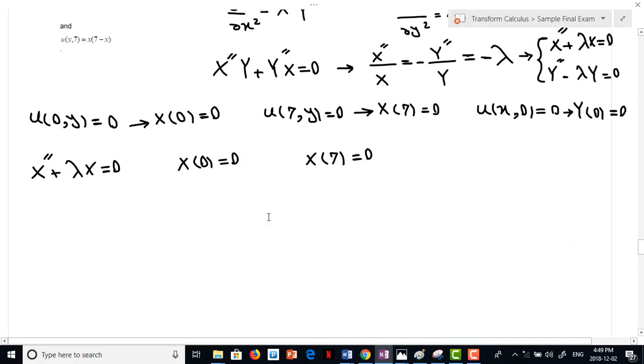So you can either check the three cases for lambda equal to 0, negative, or positive, or we already solved a question like this, and we ended up, for example, with X double prime plus lambda X equal to 0, subject to X of 0 equal to 0 and X of 7 equal to 0.